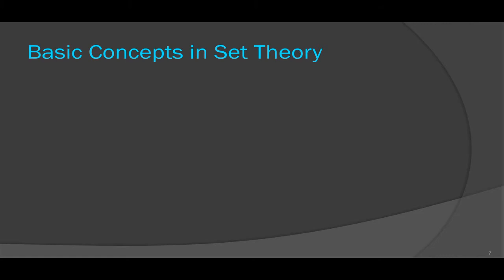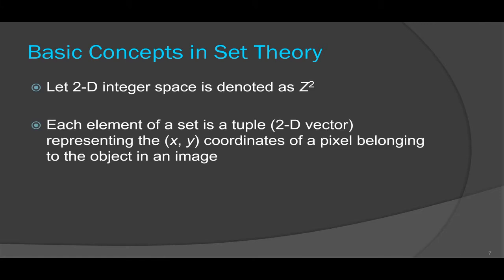When working with images, the sets in mathematical morphology represent the objects in the images. In binary images, the sets are members of the two-dimensional integer space, denoted as Z squared, where each element of a set is a tuple, a two-dimensional vector representing the x, y coordinates of a pixel belonging to the object in an image.